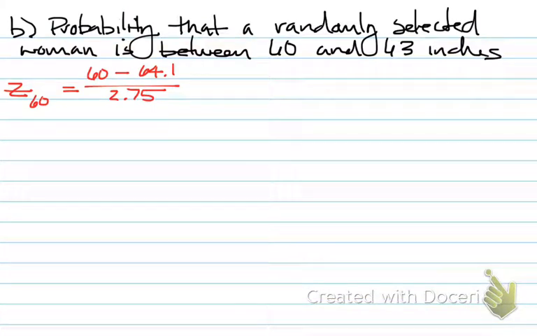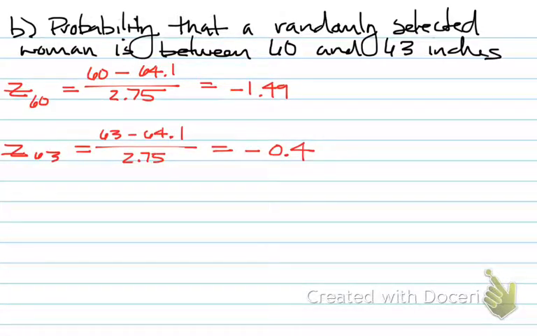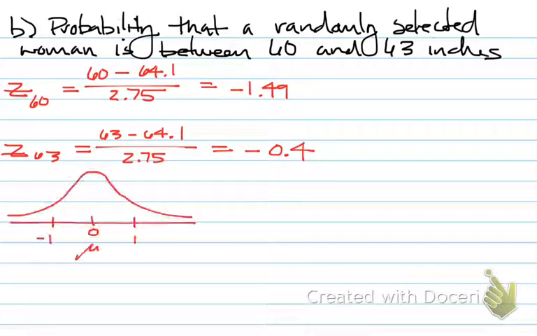Next, we want to find the probability that a randomly selected woman would be between 60 and 63 inches. Again, if we did not have the technology, we can convert those two values to z-scores and then refer to the table. But using the Desmos calculator, again, for a standard normal distribution, the mean is 0 and the standard deviation is 1. So those z-scores, negative 1.49 and negative 0.4, both lie to the left of the mean.